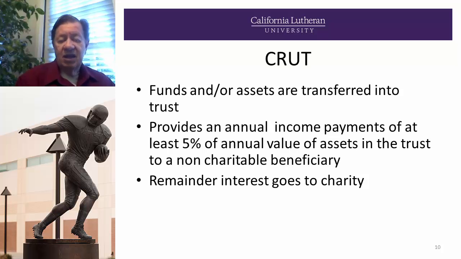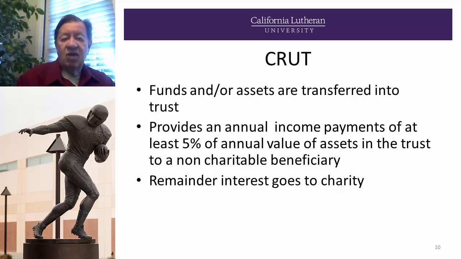The CRUT, again, very similar to the grantor retained unit trust. We put the assets into the trust, and there's certain requirements here. We must have an income of at least 5% of the annual value of assets to the non-charitable beneficiary. The remainder interest goes to the charity.